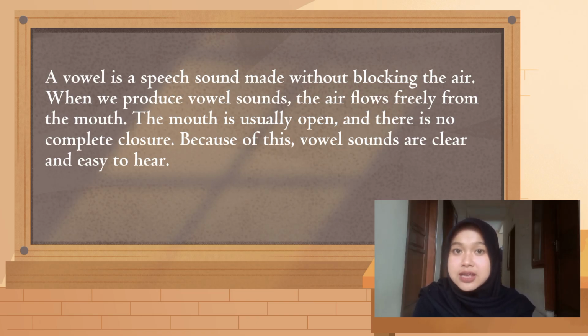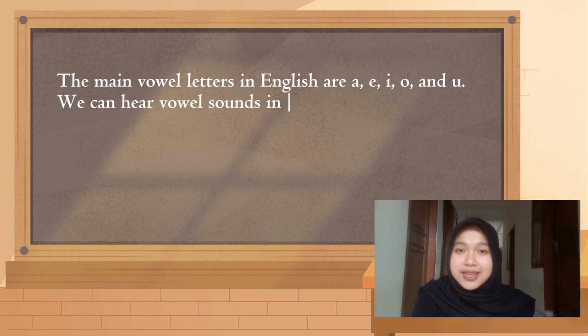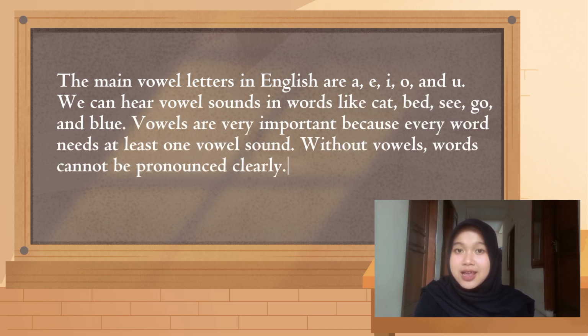Because of this, vowel sounds are clear and easy to hear. The main vowel letters in English are A, I, U, E, and O. We can hear vowel sounds in words like cat, go, blue, see, and etc.